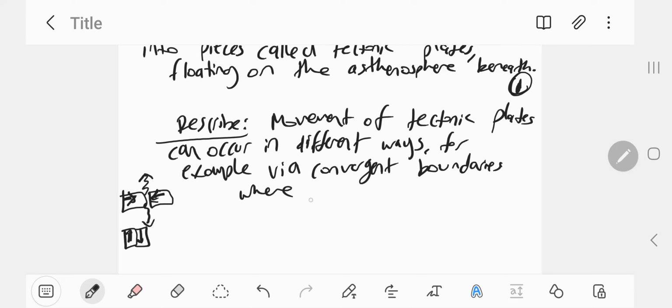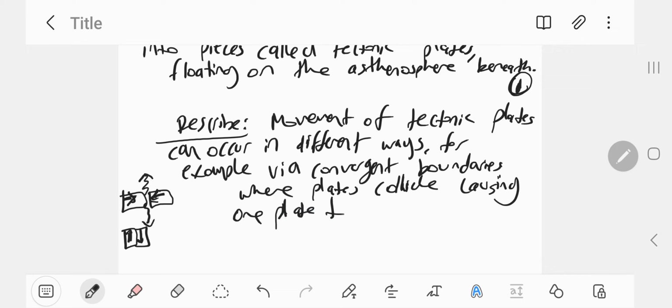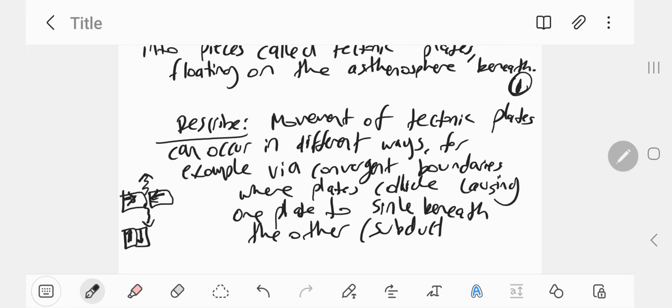Convergent boundaries where plates collide, causing one plate to sink beneath the other. You put in brackets subduction.